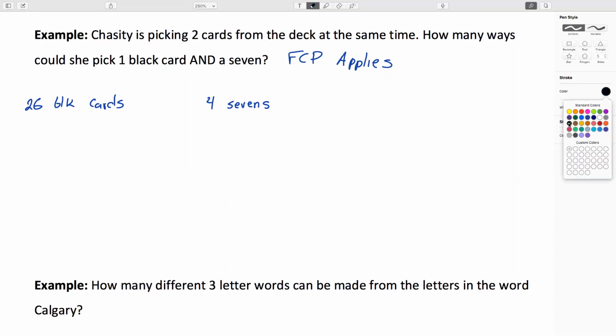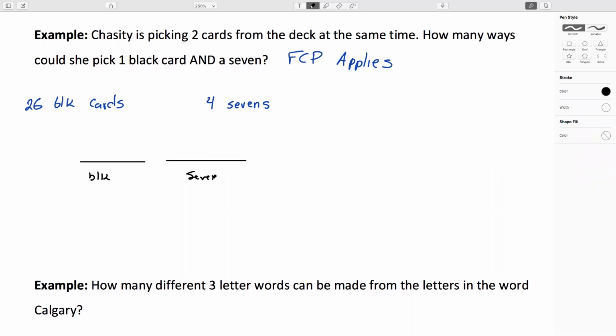But this will be all right. This will work. So we write a blank for the black cards. We write a blank for the 7s. We have 26 ways to pick a black card, and we have 4 7s. If we multiply those together, 26 times 4 gets me.